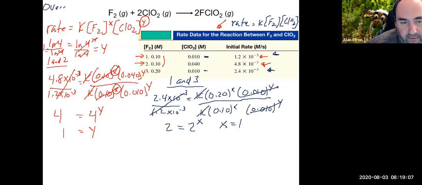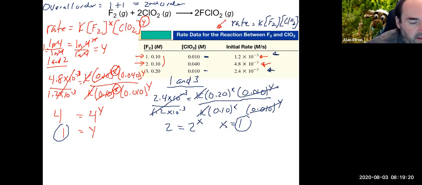So the overall order would be 1 plus 1, which means it is second order. The X and Y values is what we add together in this case. If you had 3 of them, X, Y, and Z, you would add together to give you the overall order.